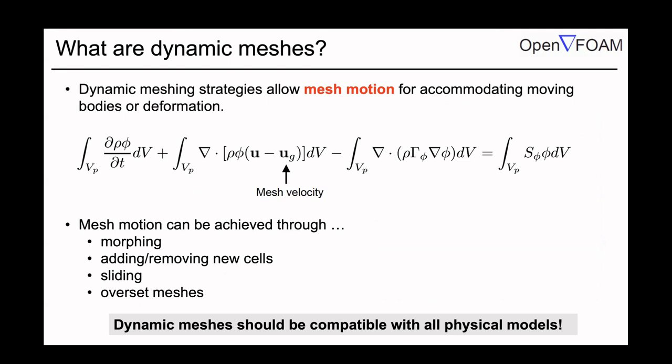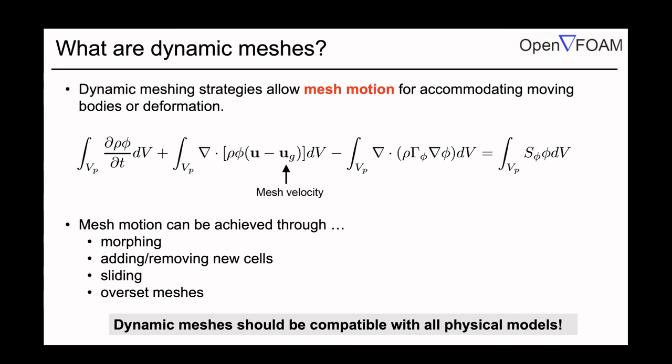Clear? Because my mesh is also moving. It is the relative velocity between the flow velocity and the grid velocity that has to be considered. That is how we mainly incorporate the effect of moving meshes.